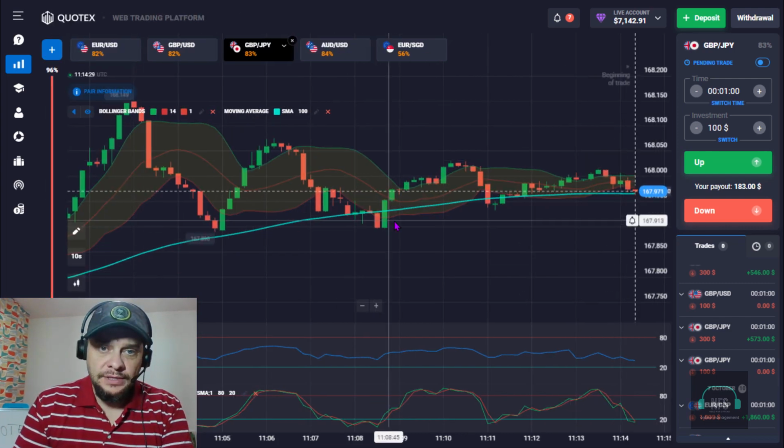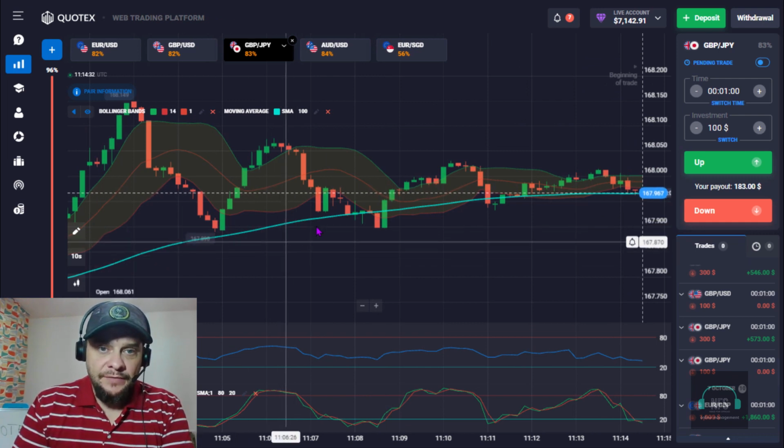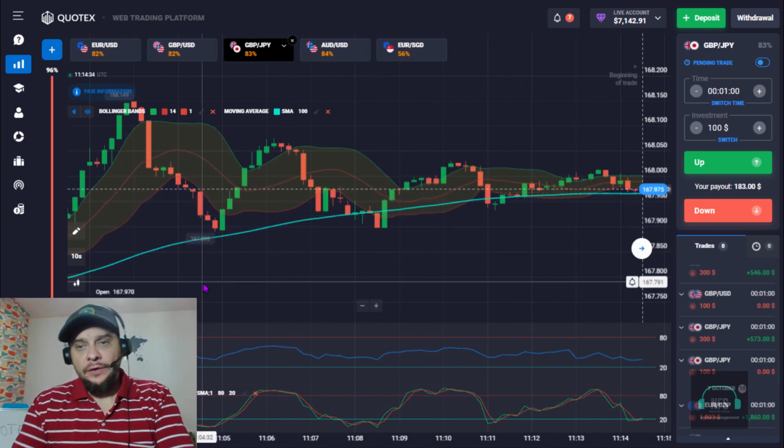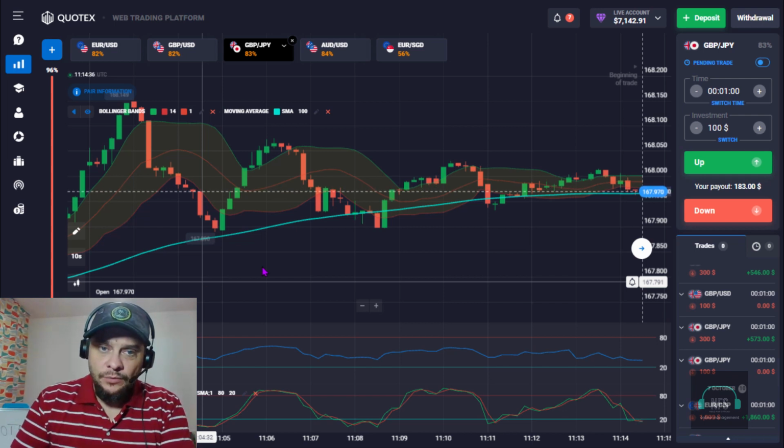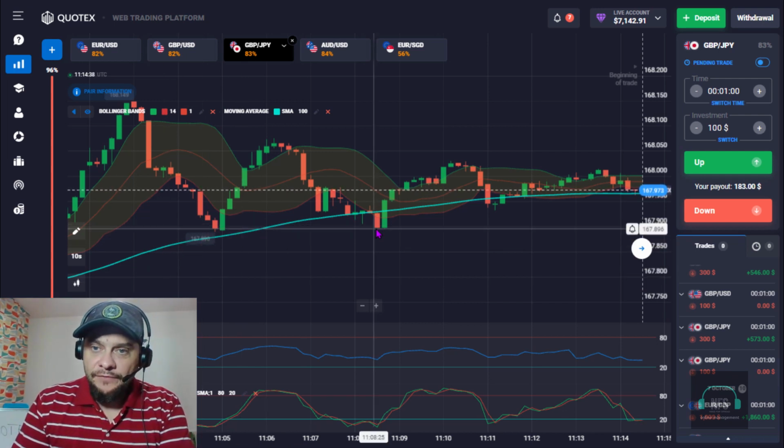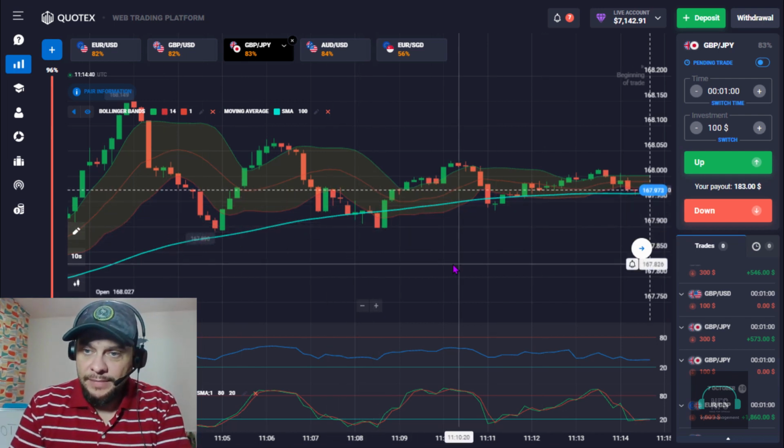And I drew this simple moving average of 100, and I will explain a bit later what this simple moving average 100 means.